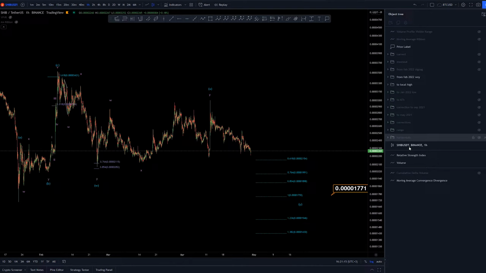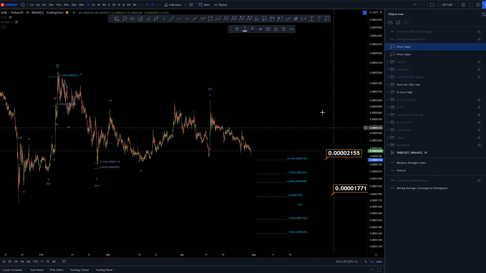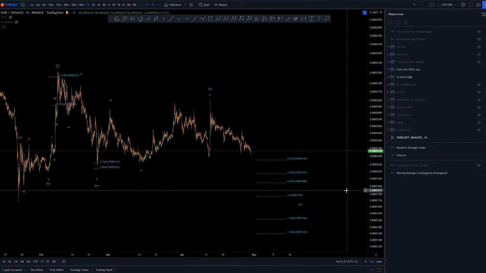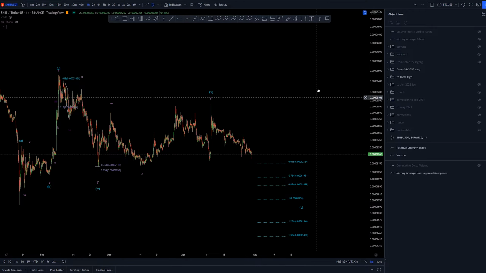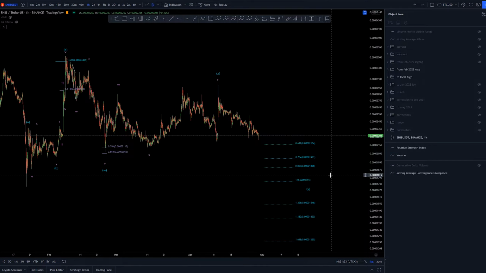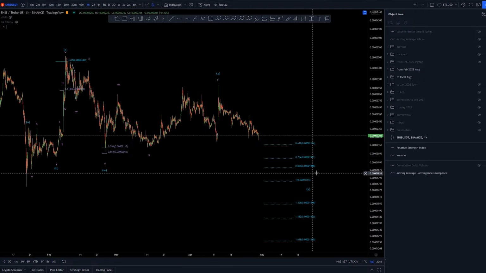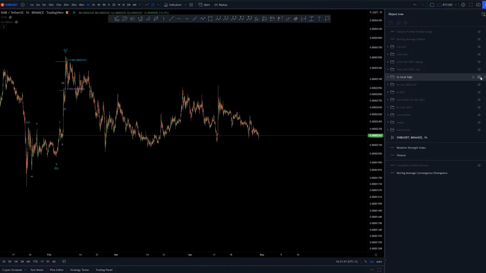On the WXY counts, I would most likely be looking for a bit higher targets, probably, well, this is the minimum for both of these, the 4 zeros 2155, but again, I wouldn't be expecting too high or too low levels for WXY. Depending on how this price action develops here, we can see which count we prefer more.